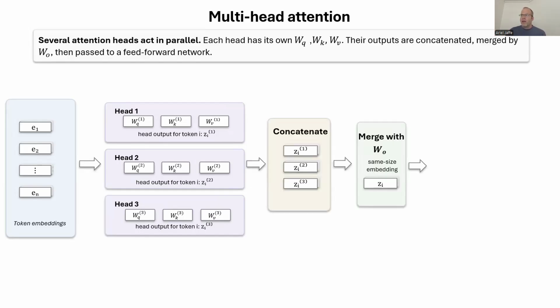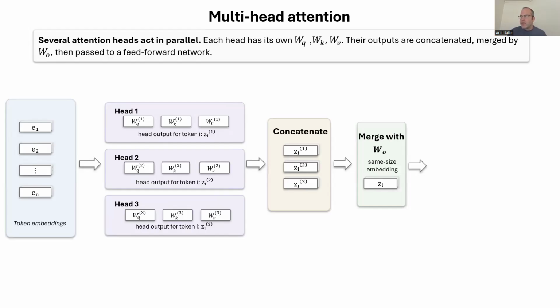Once we apply the attention mechanism to the original embedding, we have, in this case, three embeddings for each token, and we would like to merge them back into one. So eventually we get a single embedding for each token and not three.